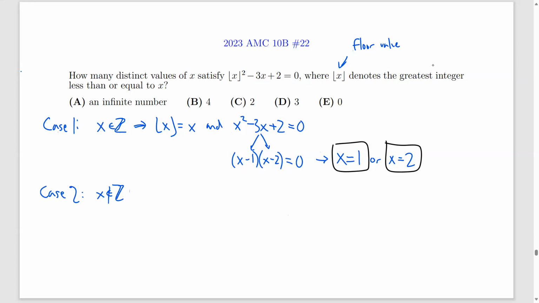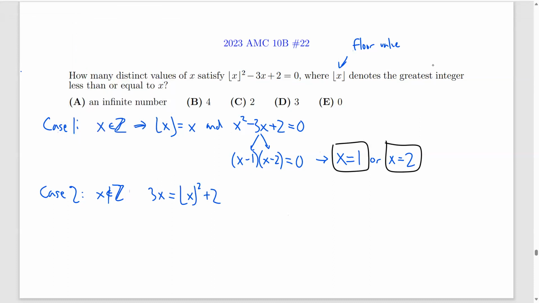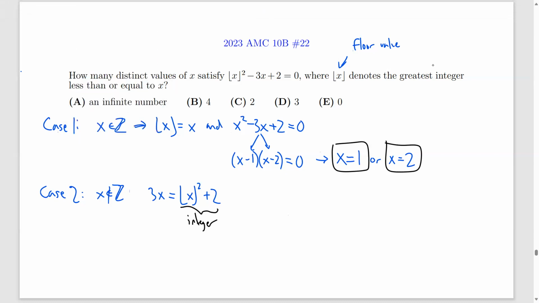The reason why is because if we solve for 3x, we obtain that 3x is equal to the floor value of x squared plus 2. And the important part about this expression is that the right-hand side, floor value of x squared plus 2, is an integer. So therefore, 3x has to be an integer. Therefore, x has to be some integer k over 3.